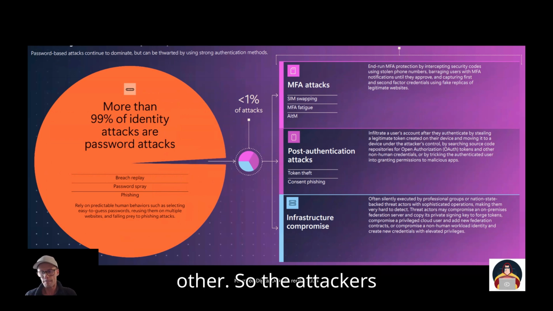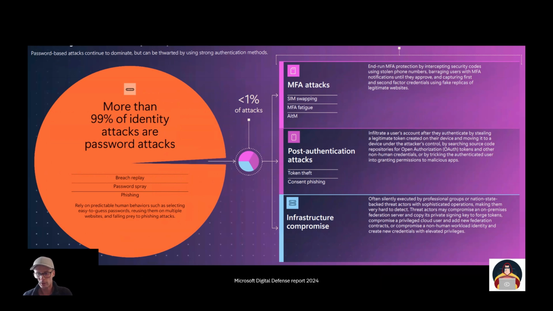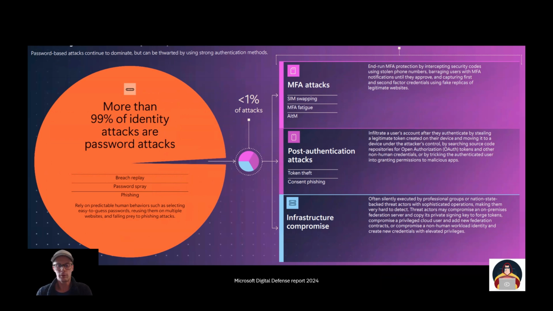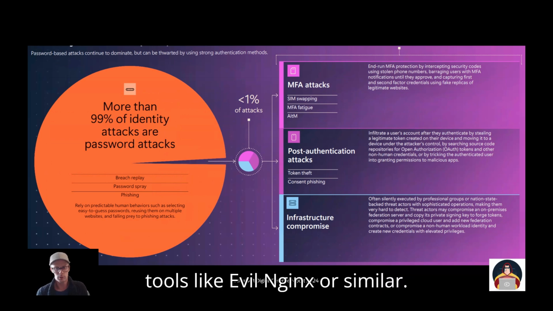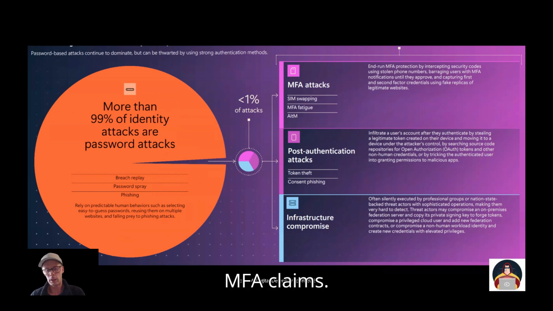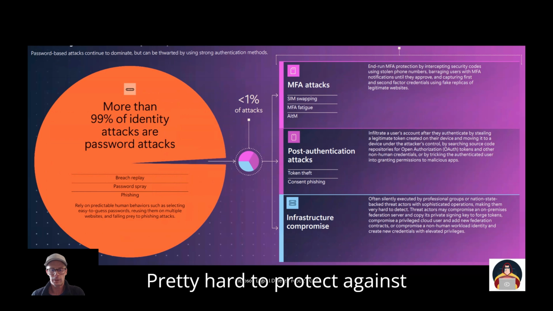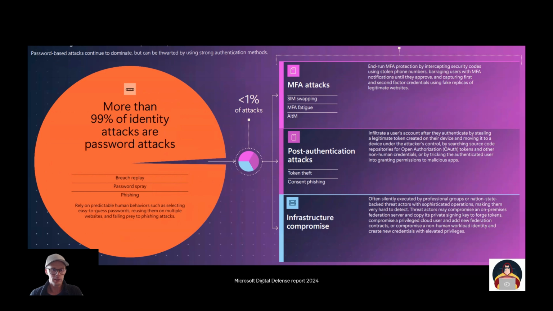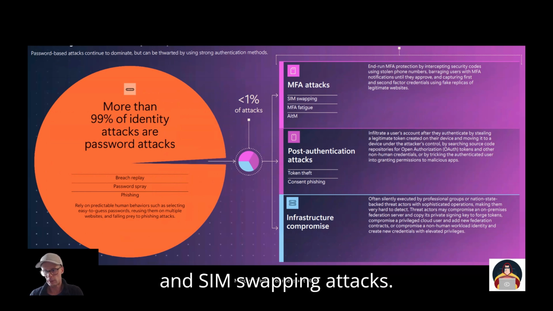The attackers are now mostly focusing more on infrastructure compromise, targeting infrastructure, and also doing token theft with, for example, phishing with tools like Evilginx or similar. They're acting as a man in the middle, stealing your tokens with MFA claims. Pretty hard to protect against those. And they're also doing the traditional MFA fatigue and SIM swapping attacks.